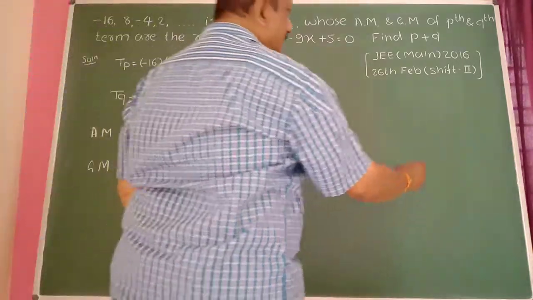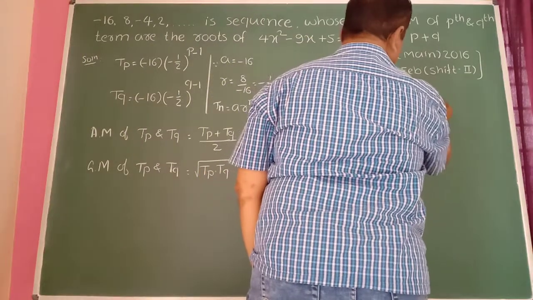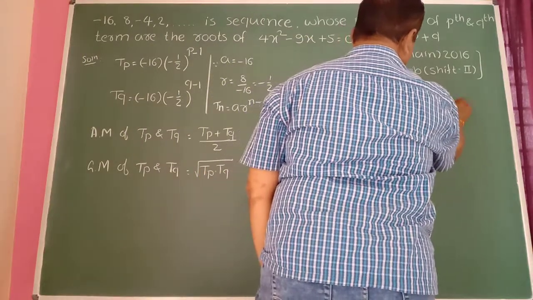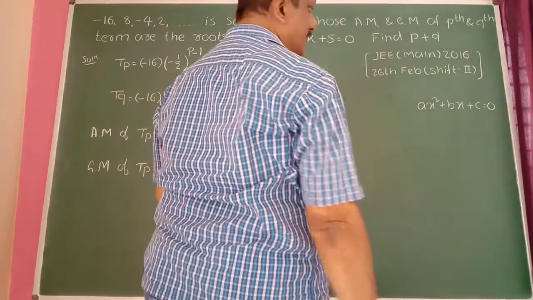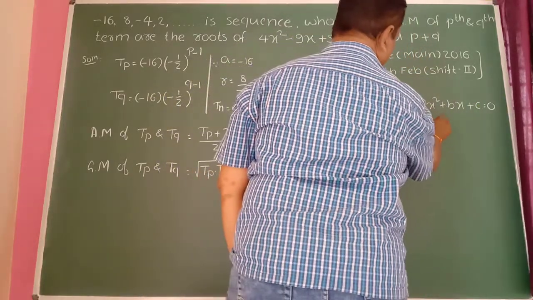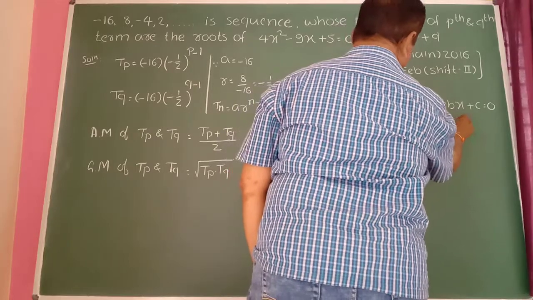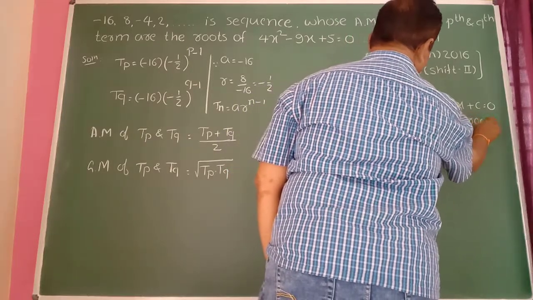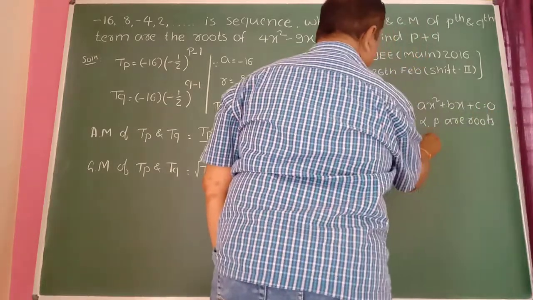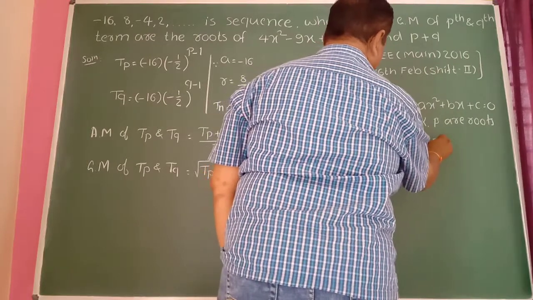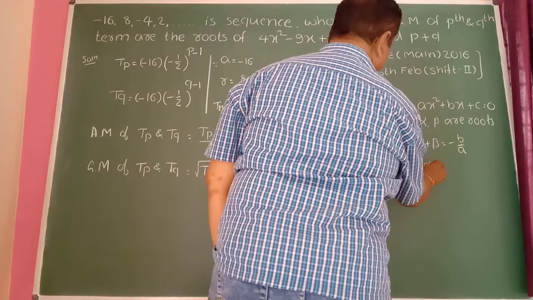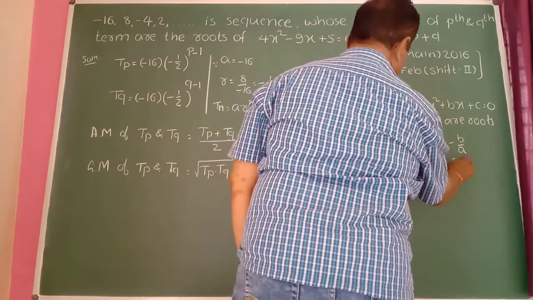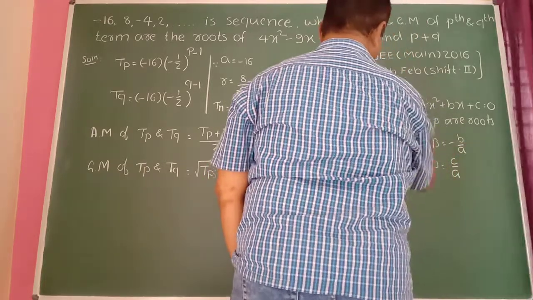We know that suppose ax square plus bx plus c is equal to 0 is the quadratic equation here. Then if alpha and beta are roots here, then you know that the sum of the roots is minus b upon a and the product of the roots is c divided by a.